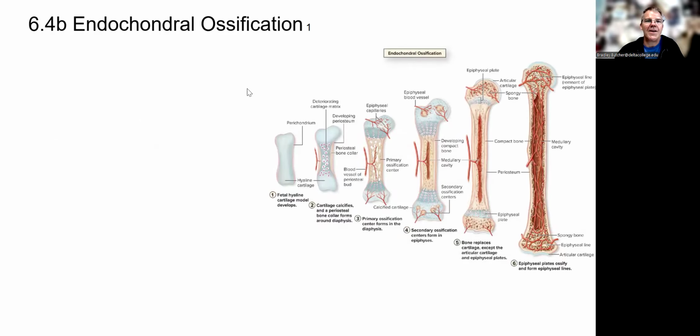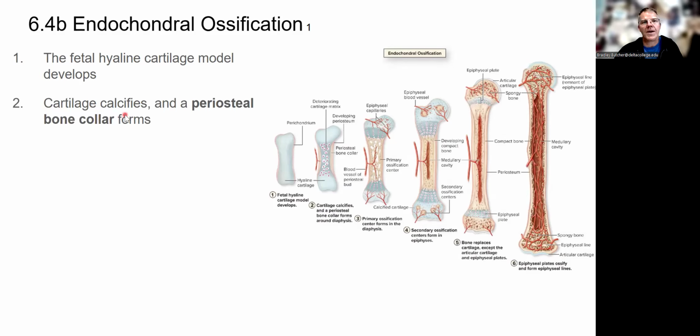In endochondral ossification, we start with fetal hyaline. So the fetus, unborn baby, starts with hyaline, mostly cartilage, very flexible, strong, but flexible. And that serves as kind of a template or a model. The cartilage begins to calcify, and a periosteal bone collar forms.